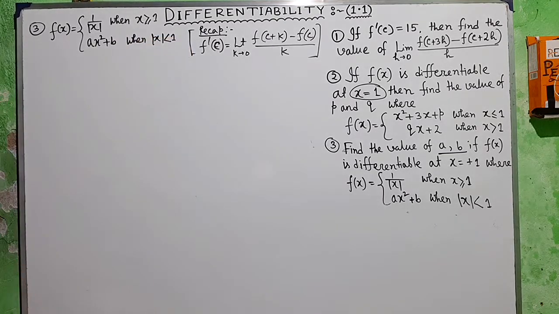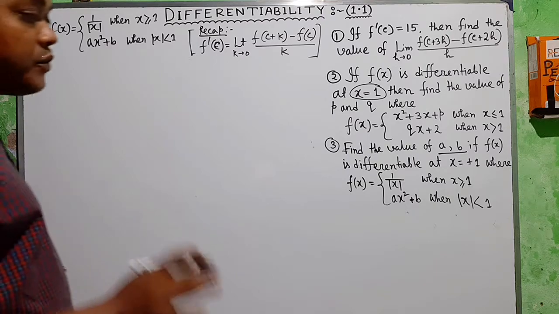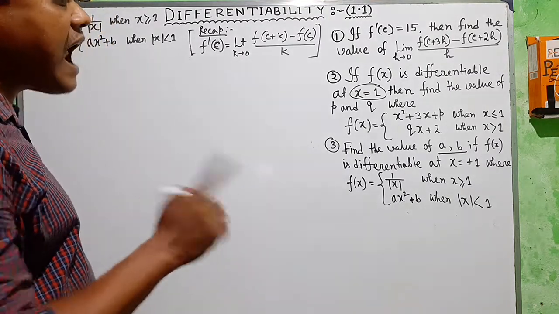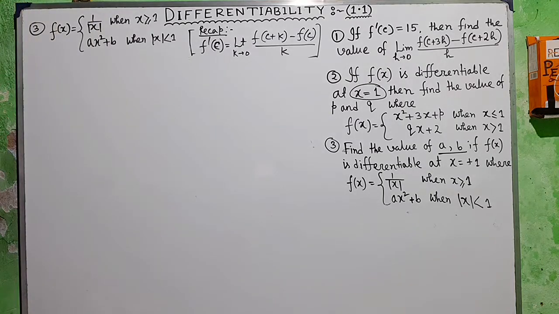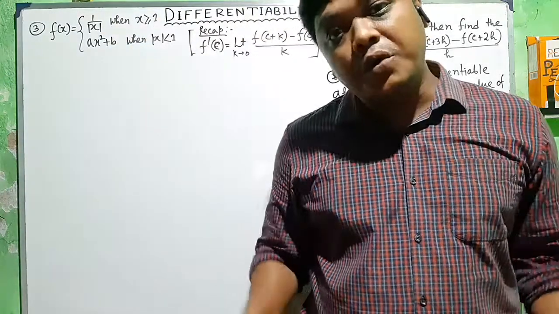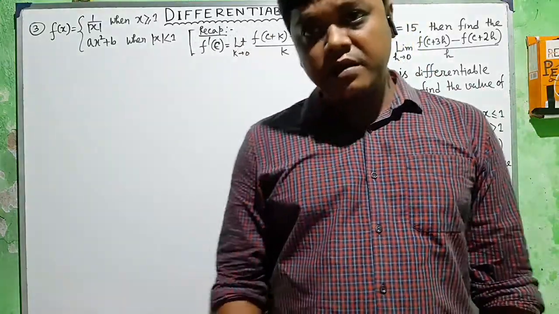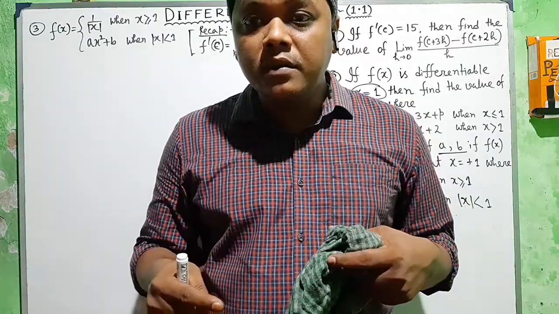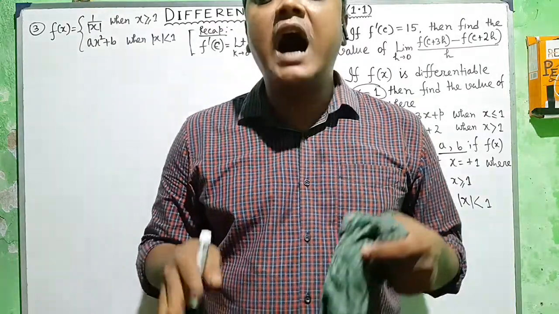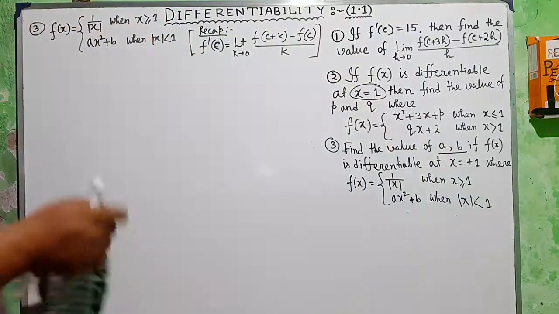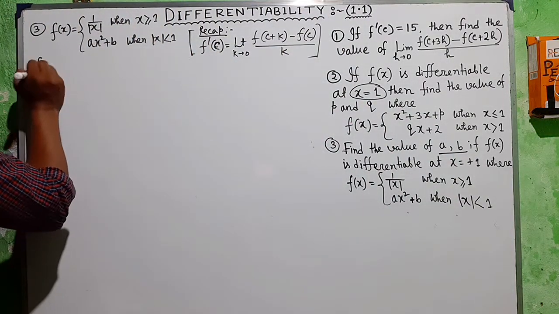Okay, mod x. So we have to determine the value of a and b if the function is differentiable at x equals to 1. Okay, so if any function is differentiable, that means the function is continuous also at the point 1, and the right hand limit and left hand limit at the point 1 of the derivative, that means R f dash 1 and L f dash 1 both are equal. Okay, so we rewrite this function.